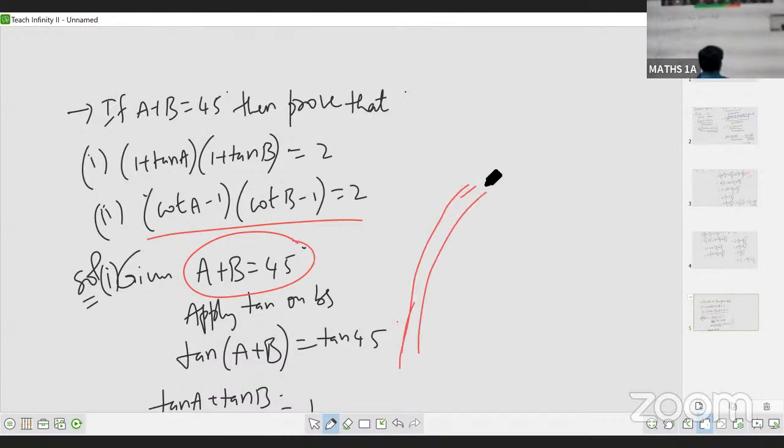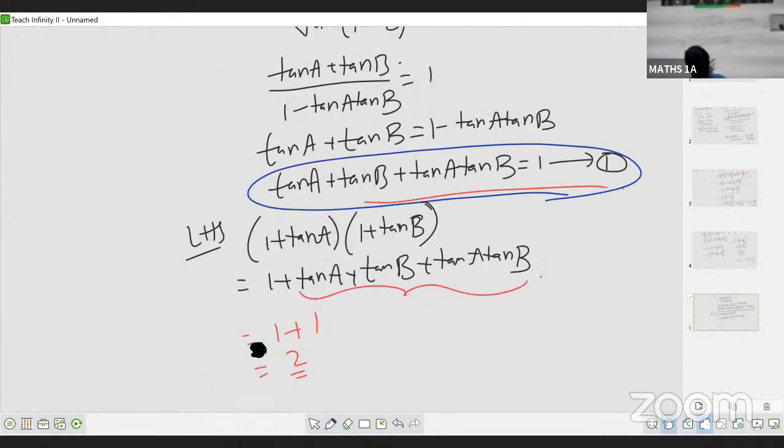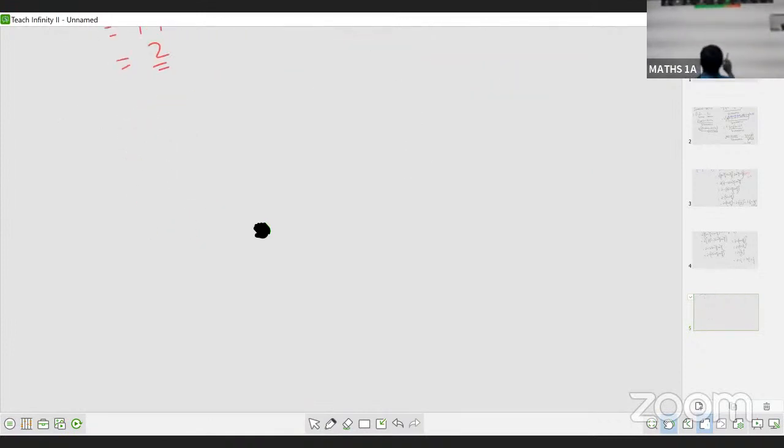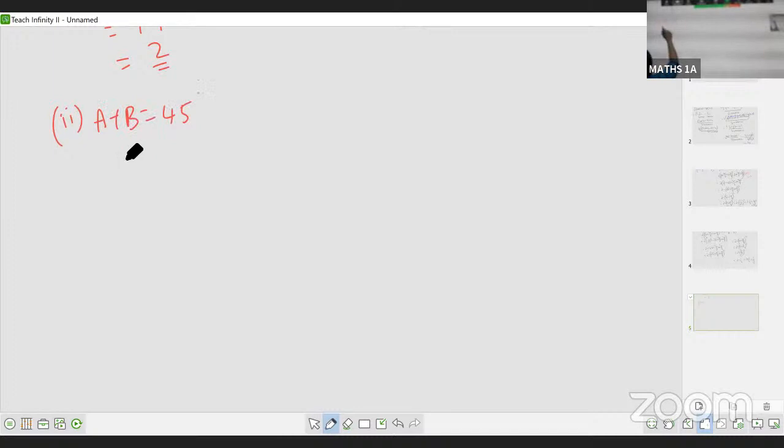Is it clear? The second bit I am talking about. Again you consider a plus b equal to 45 degrees.